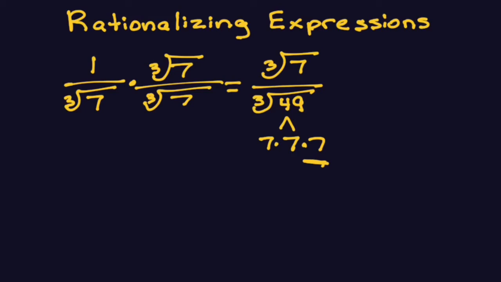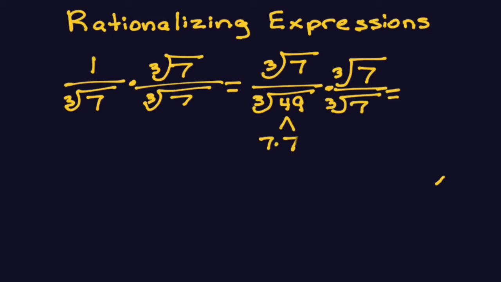Now the way we're going to add that third 7, we're actually going to multiply the cube root of 7 over the cube root of 49 by the cube root of 7 over the cube root of 7, which, like I said before, is still 1, because that's going to give us that extra 7 that we need, right? So this would just become the cube root of 7 on top, but on the bottom this would become the cube root of 49 times 7, which is the same thing as the cube root of 7 times 7 times 7.